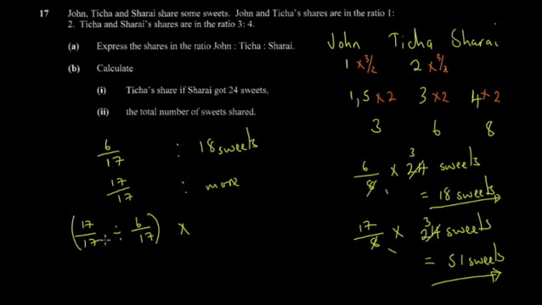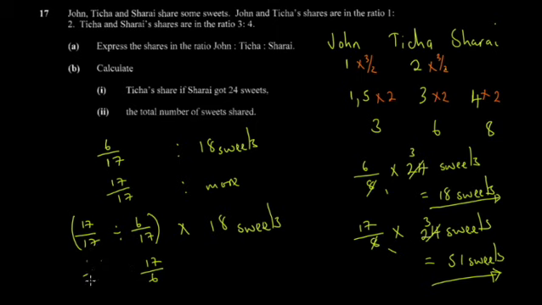This one we usually put in brackets, then multiply by 18 sweets here. If it's like this, you say 17 over 17, then multiply by, and this one now goes at the top. At the end of the day, this just gives you 1 here.